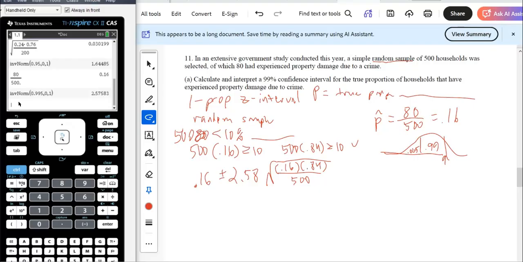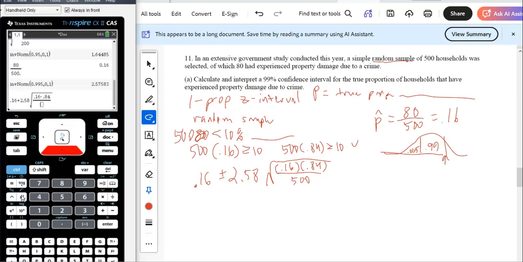So 0.16 plus 2.58. I say that because we could just do the whole thing in our calculator, which we'll do in a second. Square root of 0.16 times 0.84 all over 500.